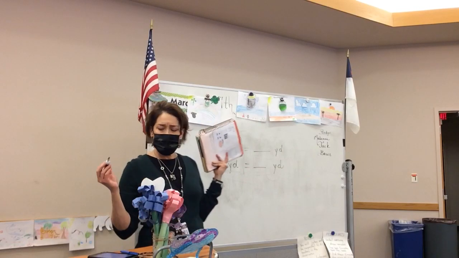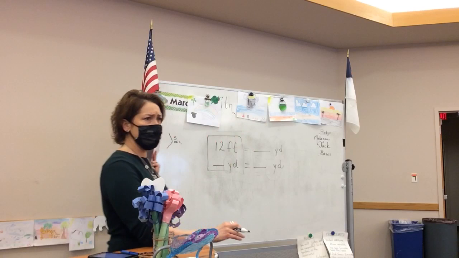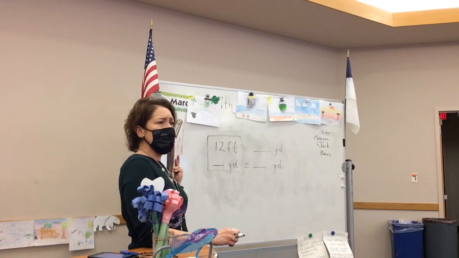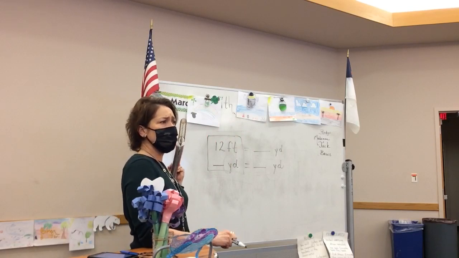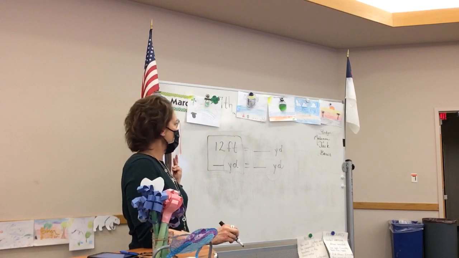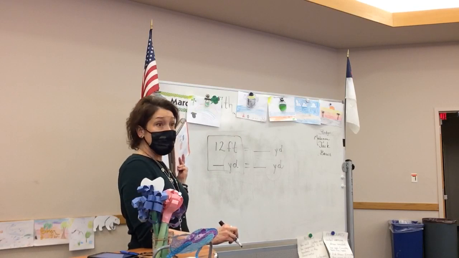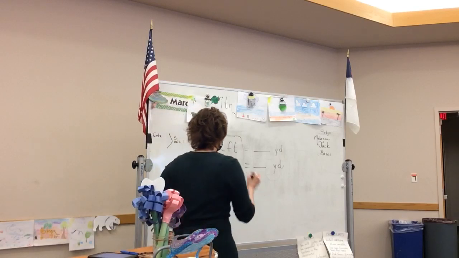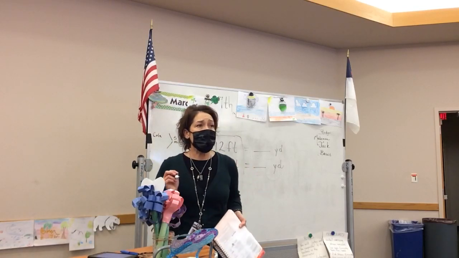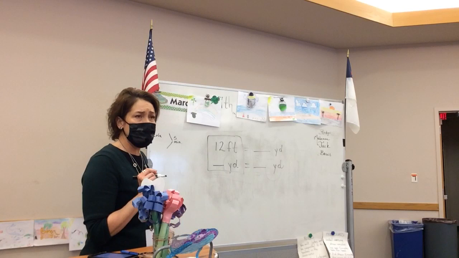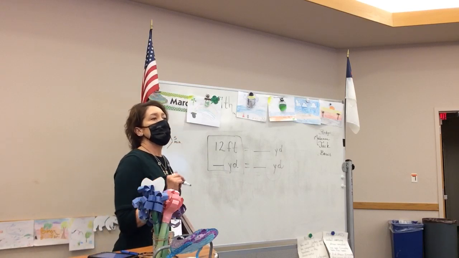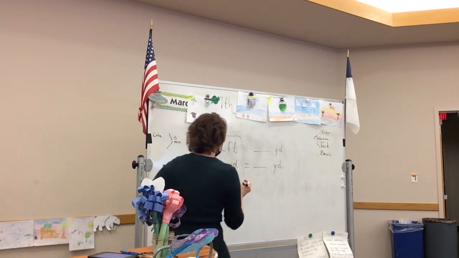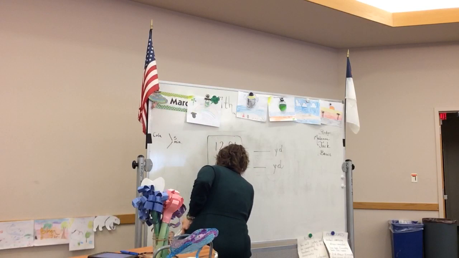Feet, yards, which is larger? Feet. Are we talking large to small or small to large? Owen? Small to large. Yes, so what are we going to do? Multiply or divide? Small to large. There you go. So you divide. We have a division going on here.